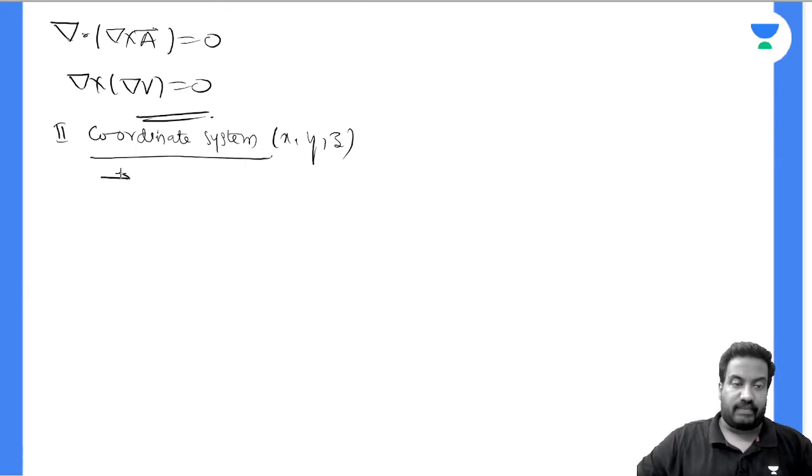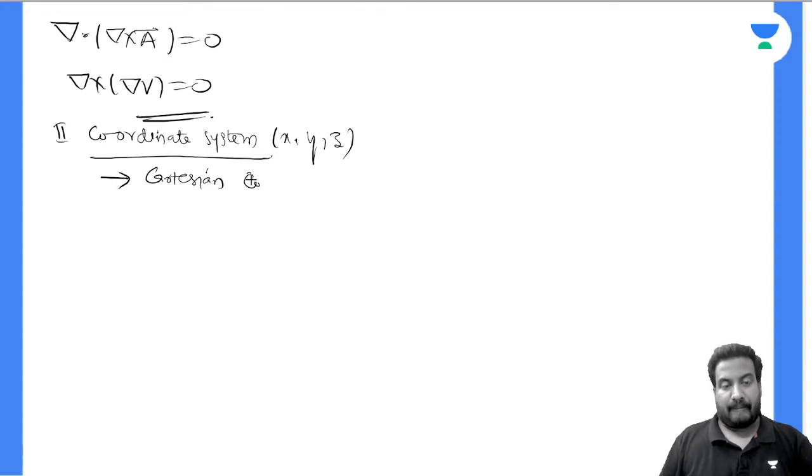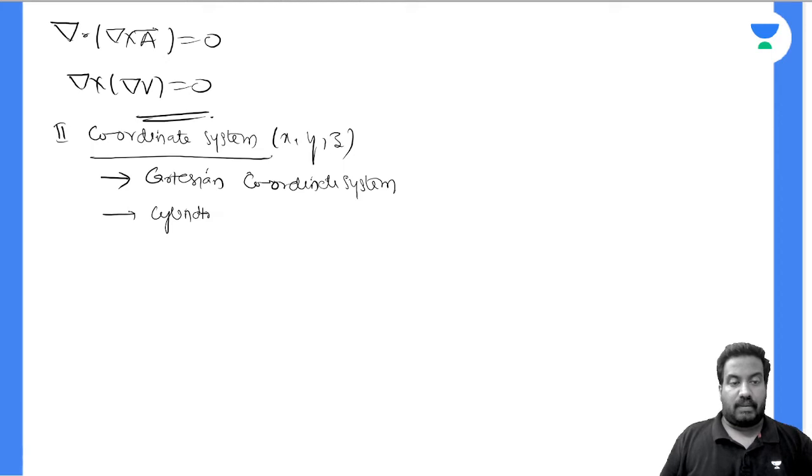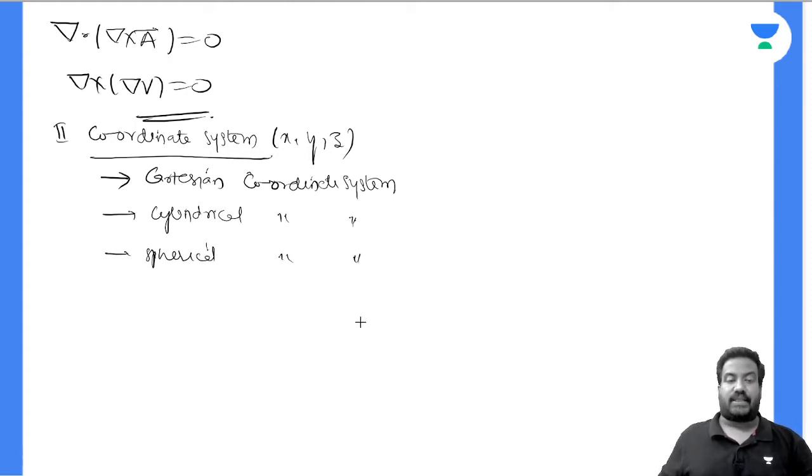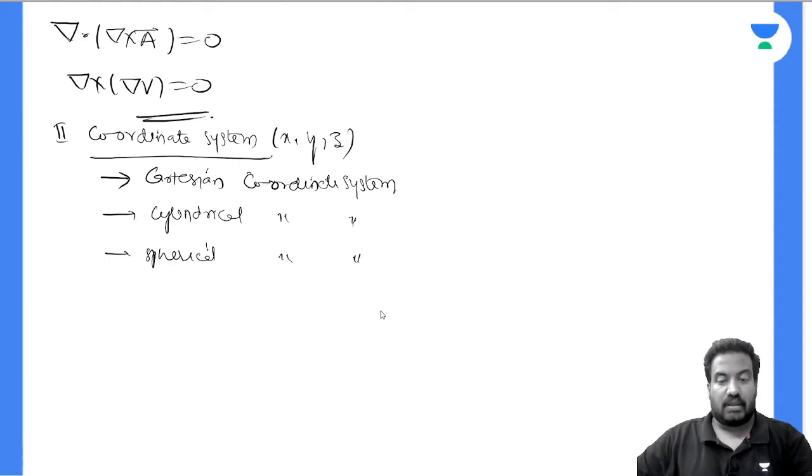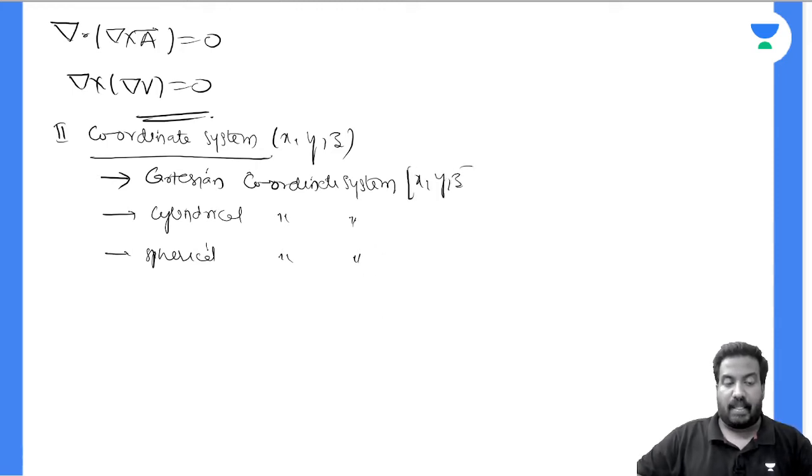In coordinate systems, we learnt Cartesian coordinate system, cylindrical coordinate system, and spherical coordinate system. In Cartesian coordinate system, coordinates are x, y, z. Cylindrical, they are rho, phi, z. Spherical, it is r, theta, phi.